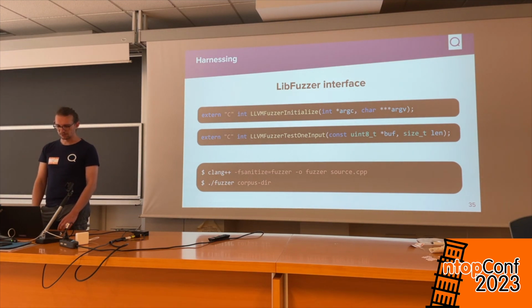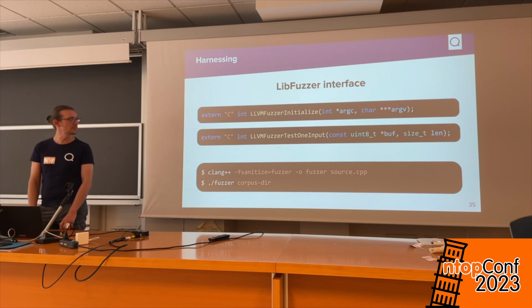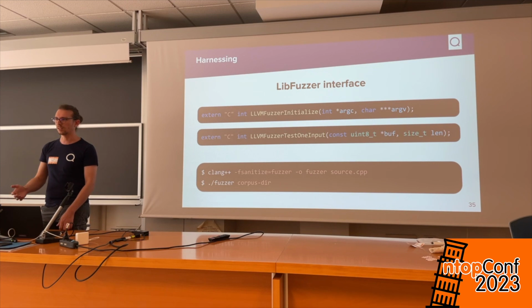Basically, there are two functions. The first one is LLVMFuzzerInitialize, which is optional. We don't have to implement it, but it offers an initial function where we can initialize all the objects. In this case, we will have to initialize the ntop object, the preferences, the network interface, and everything.